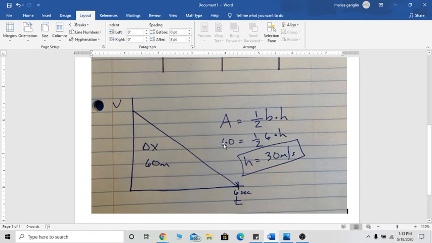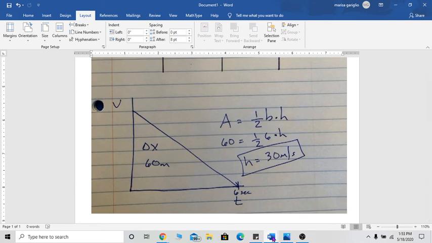My area is 60 meters. Half my base is 6 seconds times my height, which is my unknown. So you solve for h now, and you end up with 30 meters a second. So the object was traveling at 30 meters a second when he slammed on the brakes, and it took him 6 seconds to stop, and he covered 60 meters.